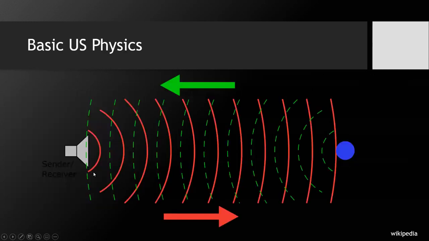Okay, so how does Doppler do this for us? So basic ultrasound physics here, you have a sender probe, and it sends out waves at a certain frequency. And as it hits a stationary object, if it hits it head on, the waves will be transmitted back to the ultrasound probe at the same exact frequency.